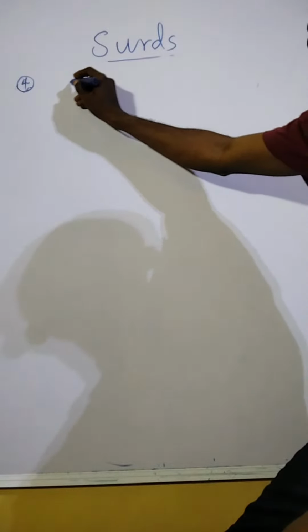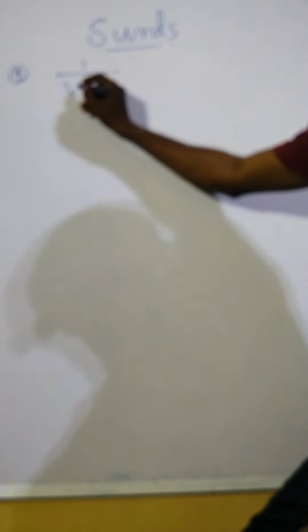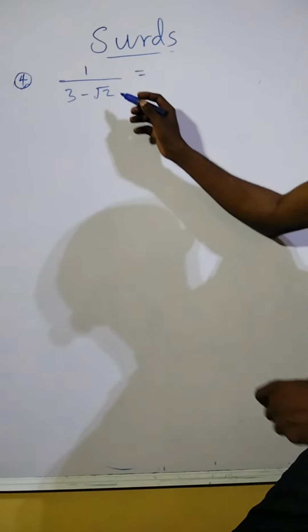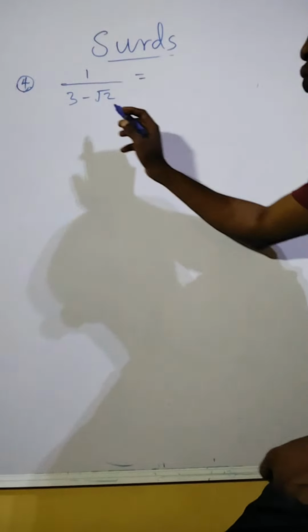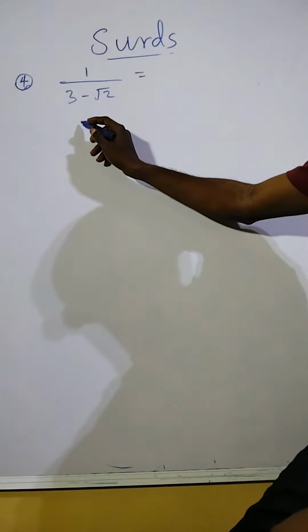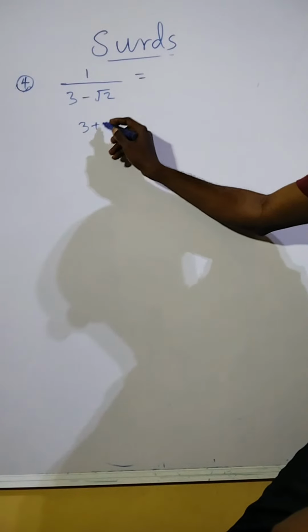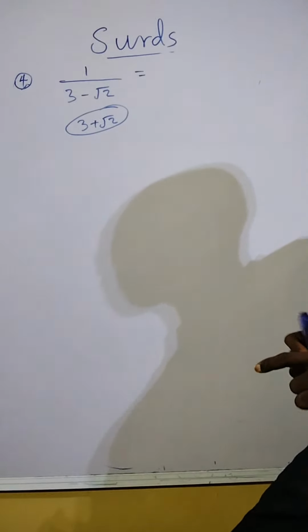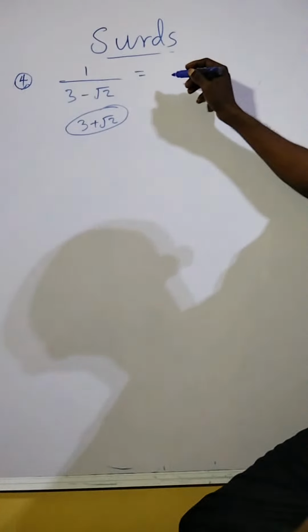We have 1 divided by 3 minus root 2. To simplify this, we also rationalize this surd and multiply the numerator and denominator by the conjugate of the denominator. The conjugate of the denominator here is 3 plus root 2. So use this now and multiply the numerator and denominator.